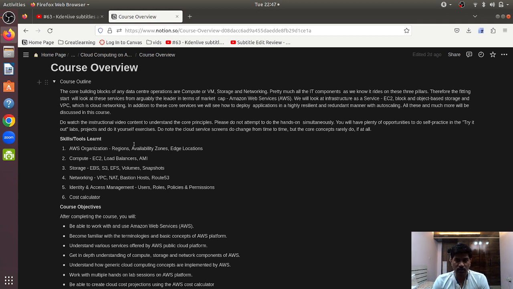Therefore we will look at these services from arguably the leader in terms of market cap, AWS, Amazon Web Services. We will look at the infrastructure as a service, EC2, nothing but Elastic Compute Cloud, block and object based storage, and VPC.